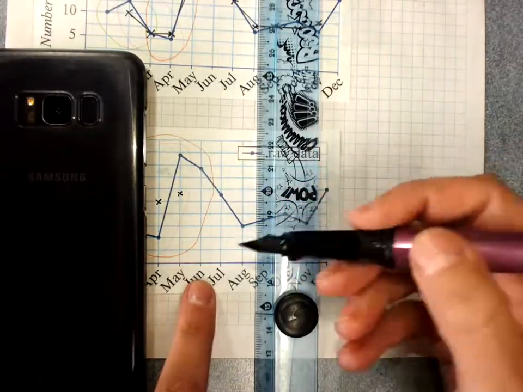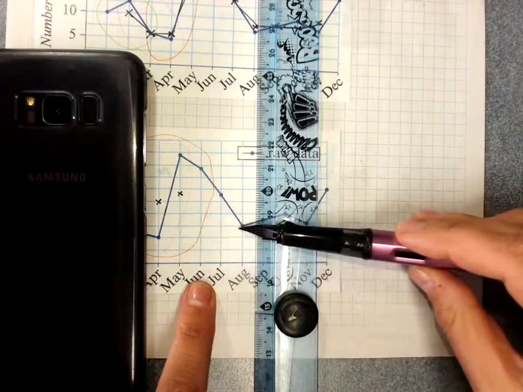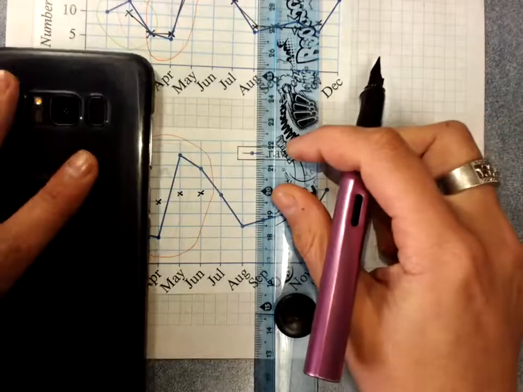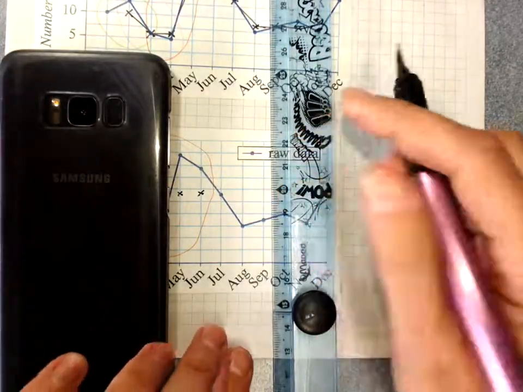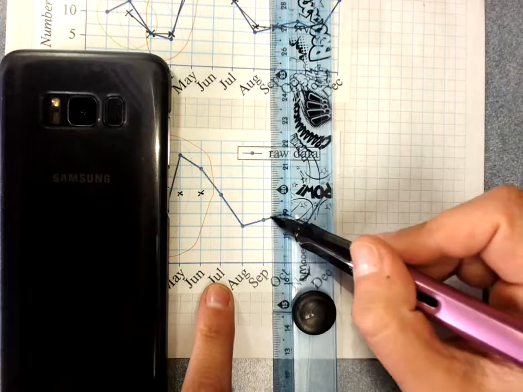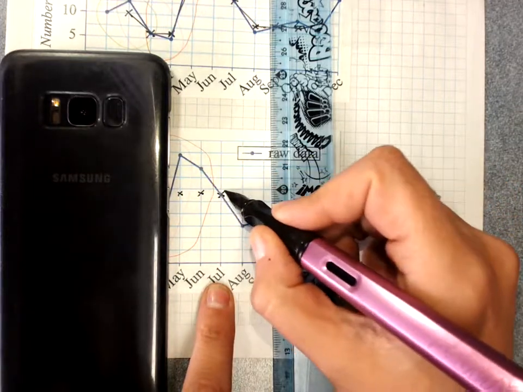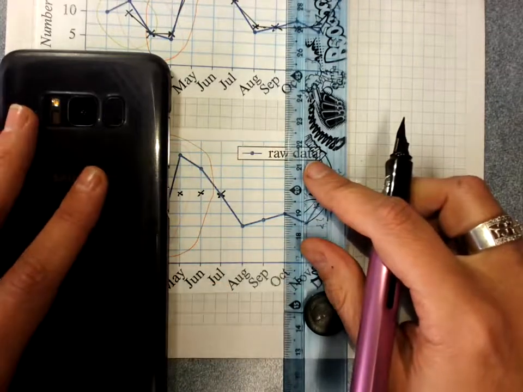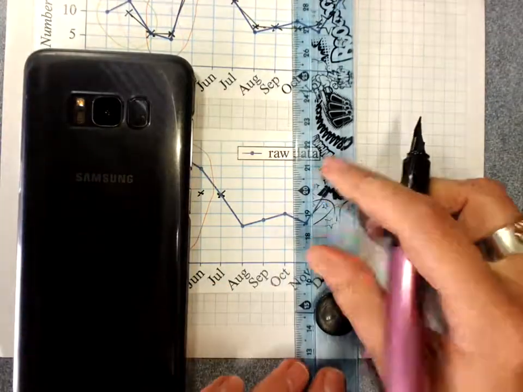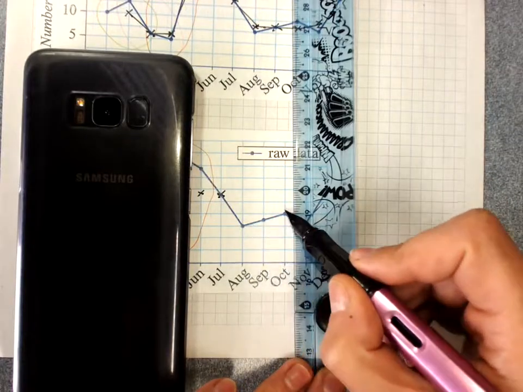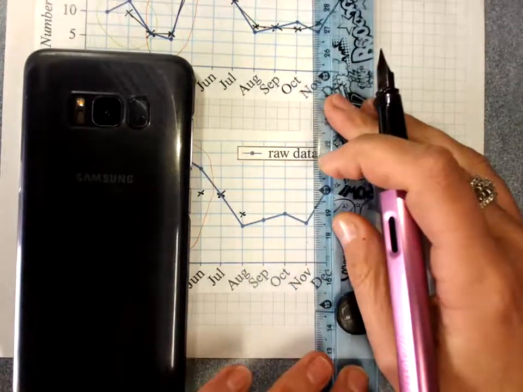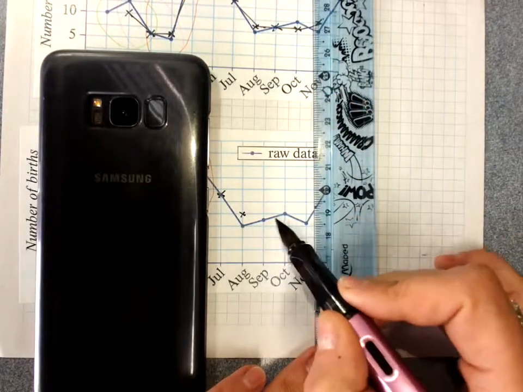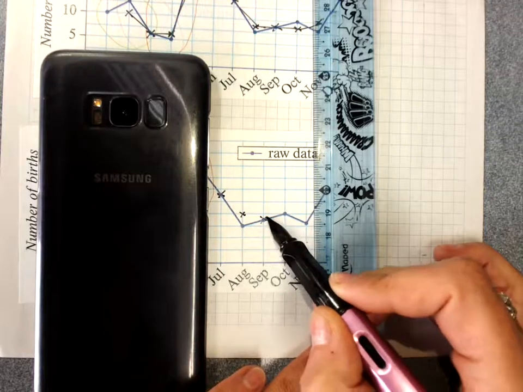Centering on June, third point moving up. 1, 2, 3. Centering on July, 1, 2, 3. So this is one where data point is the median. Centering on August, 1, 2, 3. Centering on September, 1, 2, 3.